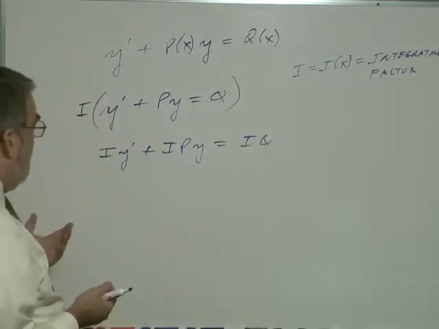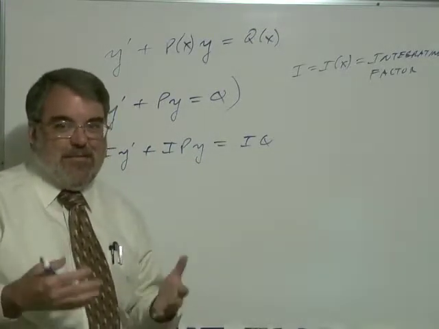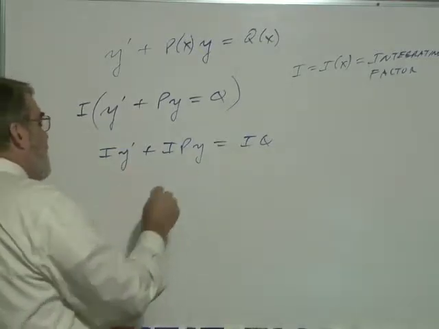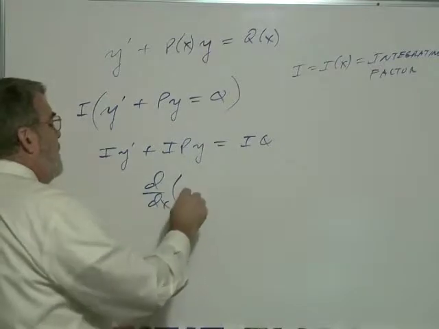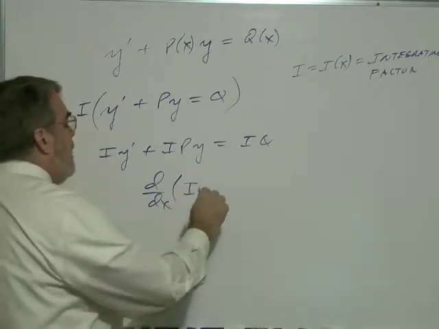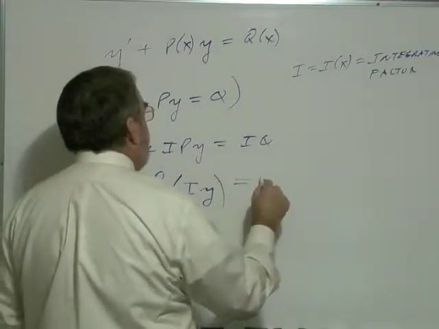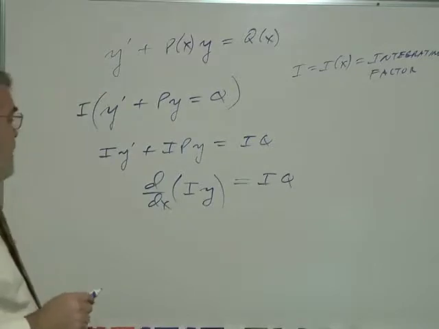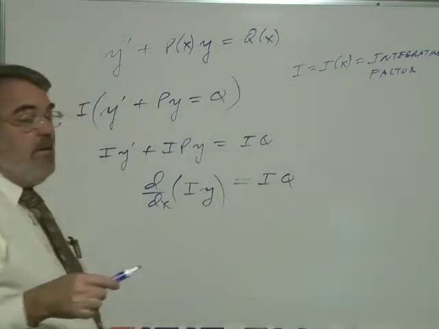Okay, but here I think is where we have to make a big leap. We have to say, well, this kind of resembles a product rule derivative. Wouldn't it be nice if the left side was the derivative of the integrating factor times y? If it was, then perhaps we can solve this thing.